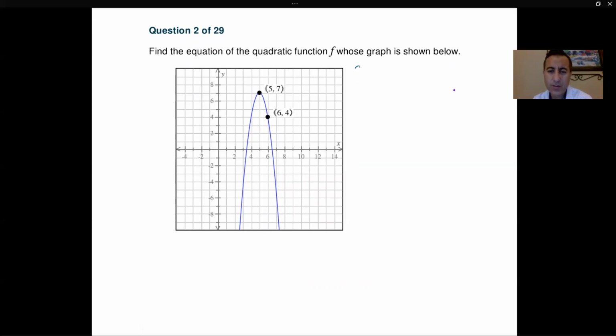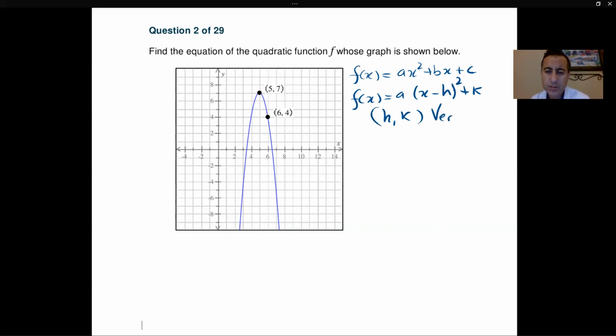And we know that f of x, now you've seen by now 2 forms, ax squared plus bx plus c, or a times (x minus h) squared plus k, with (h, k) being the vertex. So h is the opposite sign inside, and same for k, the same sign outside, that we're used to, right?